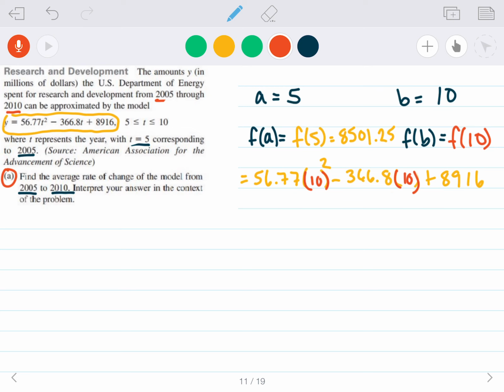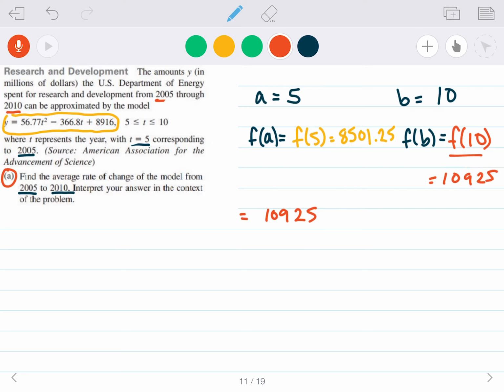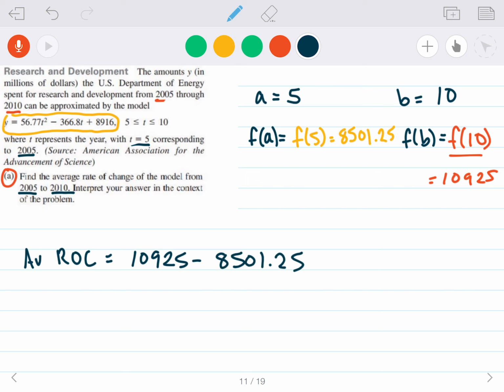Okay, so I'm getting 109.25. Okay, so that's f of 10. All right, so let's go ahead and use our average rate of change formula. So we have f of B, which is 109.25, minus f of A, which is 8501.25.